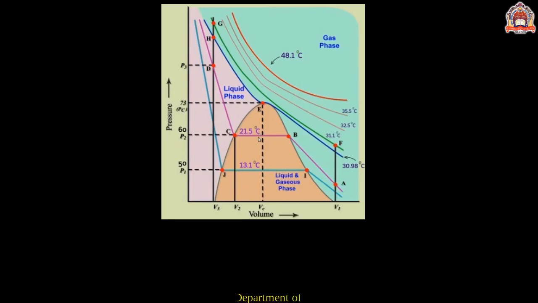Now the curve A, B, C, D at 21.5 degrees centigrade is similar to the one at 31.1 degrees centigrade, the A, I, J, D. But the horizontal stretch here, the line is larger than this line.